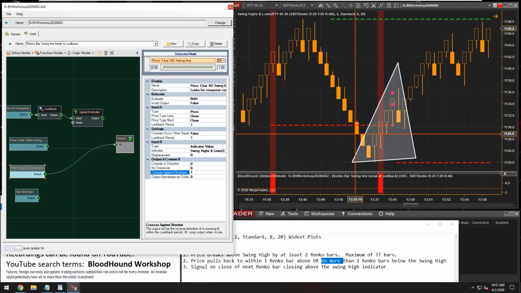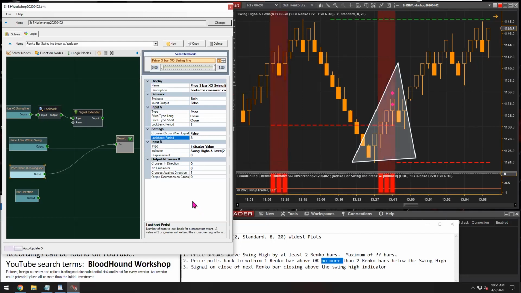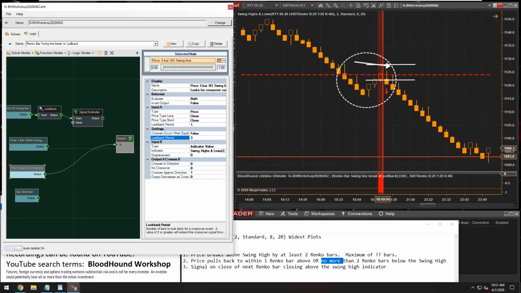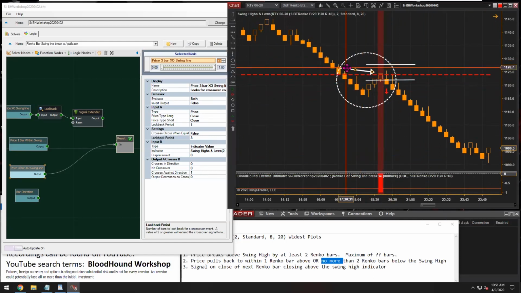All right, so there's that, and let's adjust our look back period to 3. There we go. So we got 1, 2, 3 signals. And if we go back here, where we were looking, price only crossed over one bar, and so we only got one signal here.